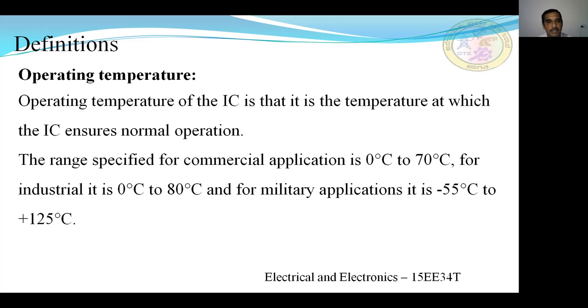And the positive extreme, plus 125 degree centigrade, is for desert places or many other places where the temperature may be more, or heating environments. So a wide range is given for military applications because it is a critical one. This is the operating temperature for military applications.